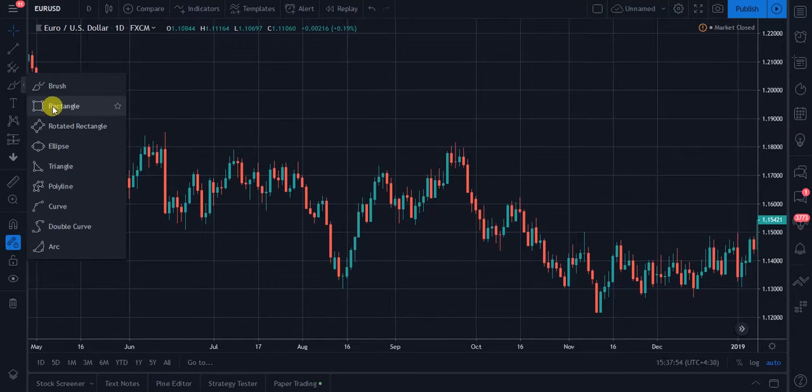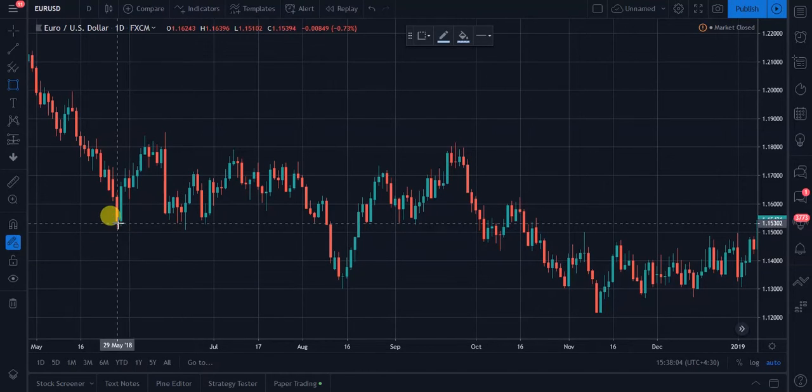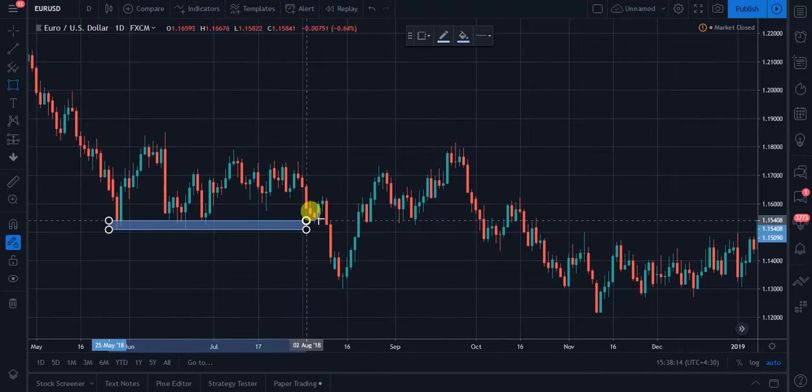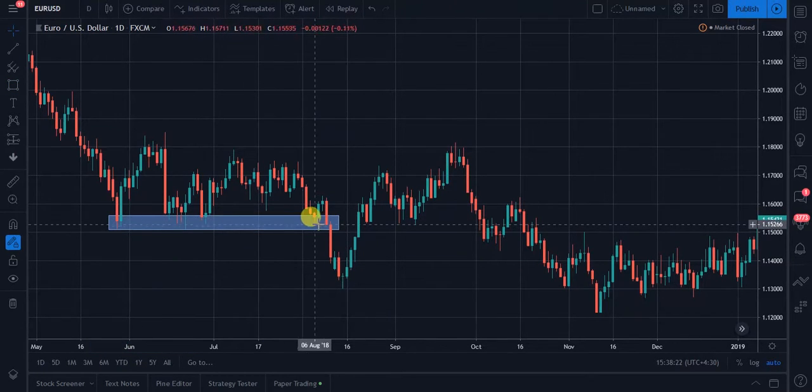So let's go find the rectangle. Okay, so here we have some rejections testing the support, as we can see 1, 2 and 3, and also 4 touches at this area. We can draw that here. So this level or zone is a support.